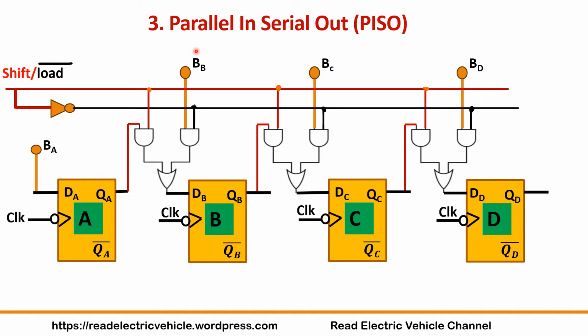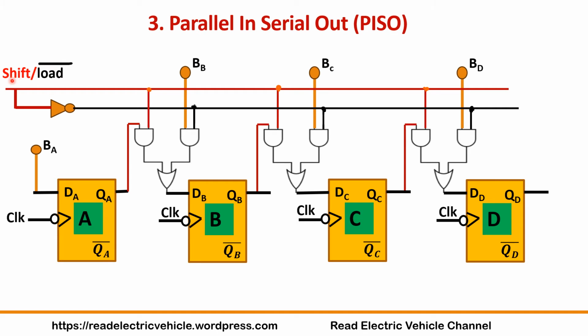This is the circuit diagram for parallel in serial out shift register. You can see 4 flip-flops are used, and BA, BB, BC, BD are the 4 input data. Normally we directly connect the output of one flip-flop to the input of the next flip-flop. But here I have connected it through an OR gate which is connected to AND gates, because we have 2 different operations: one is the loading operation, another one is the shifting operation.